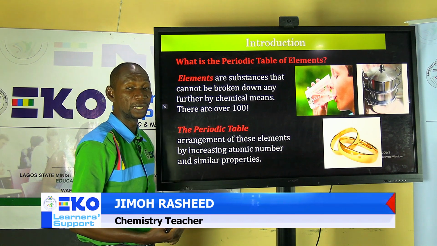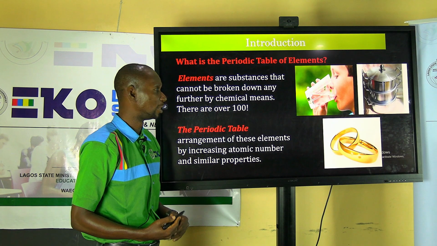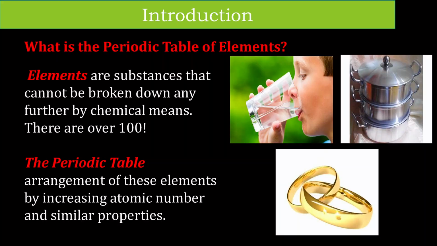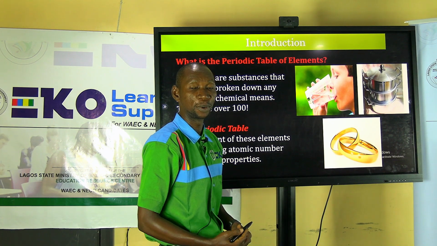The periodic table itself is a table that shows the arrangement of elements in order of increasing atomic number. And you can see we have so many elements: hydrogen in water, oxygen in water. Do you even notice that those elements are contained in the water you drink?